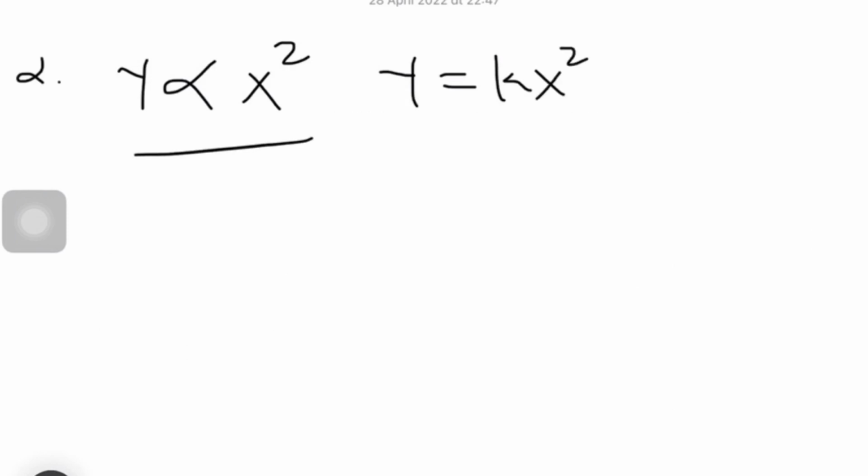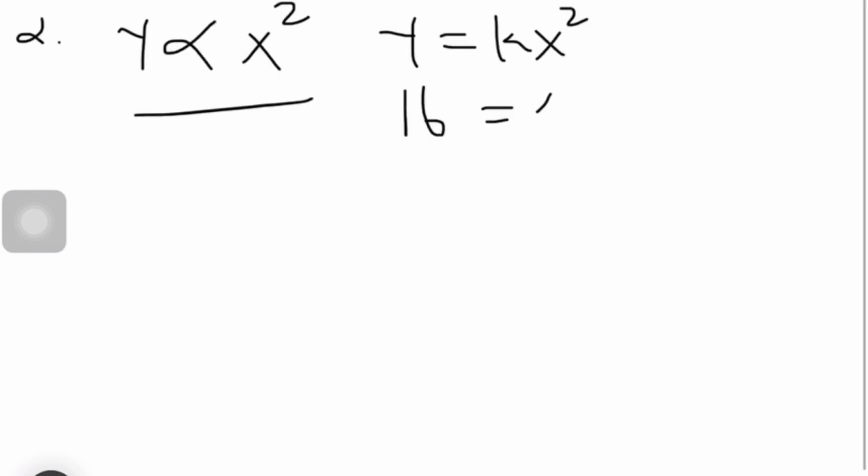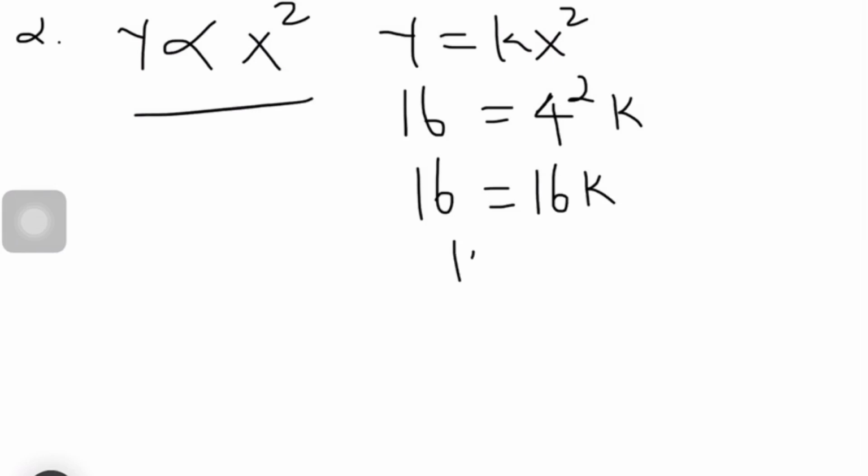Then we know y is equal to 16, while x is equal to 4. So it's 4 squared multiplied by k. 16 is equal to 16k, and your k is equal to 1 because you divide both sides by 16.